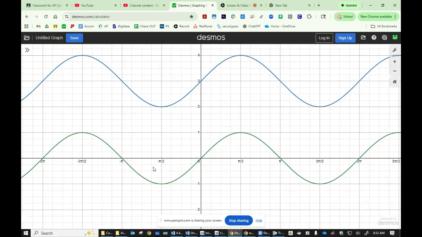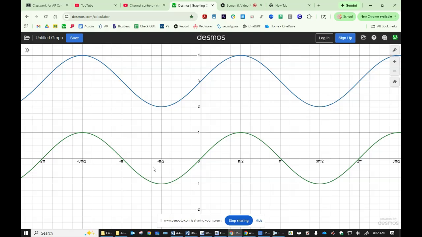What I want you to notice is the middle of the graph is at 3 this time. Here the middle of the graph is at 0. You guys know what I mean by the middle of the graph? Where it would be 0 here, it's at 3 this time.